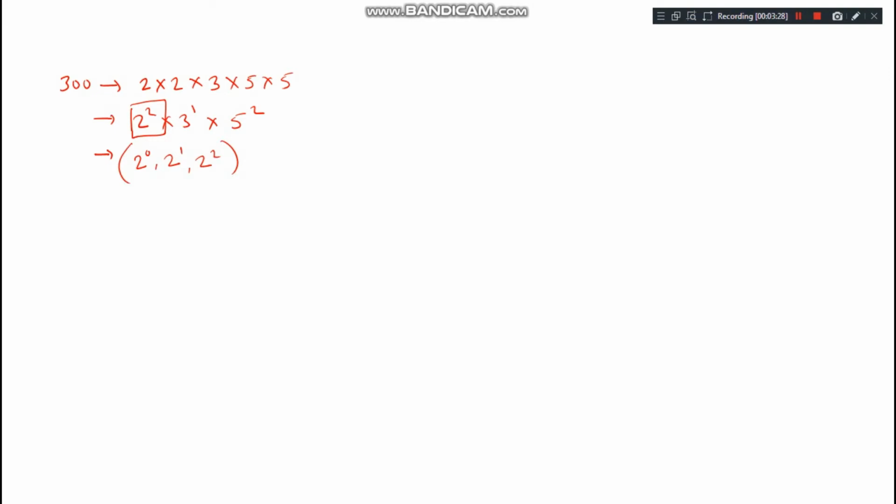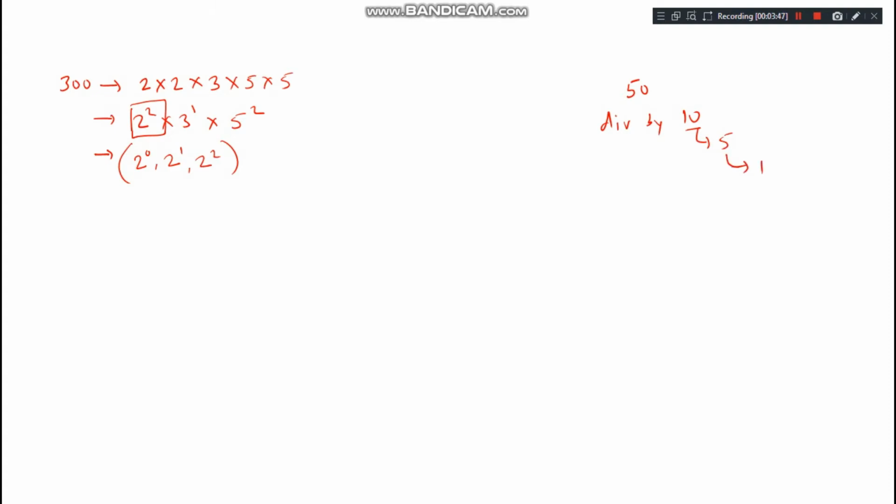Let me take an example here. Suppose 50 is divisible by 10, right? So all the factors of 10 should also divide 50, which means 5 should also divide 50, right? And 1 should also divide 50.